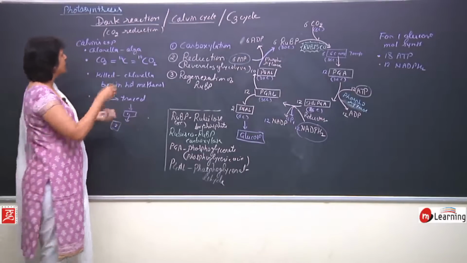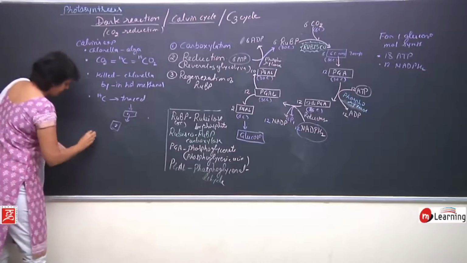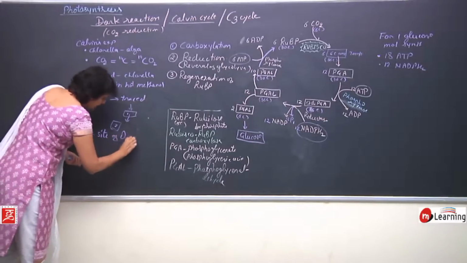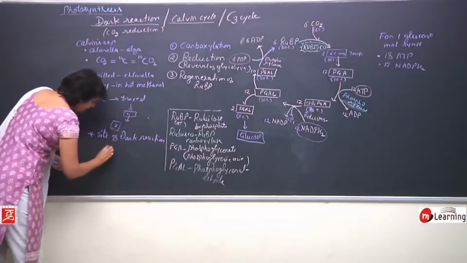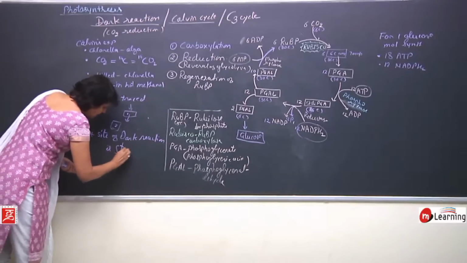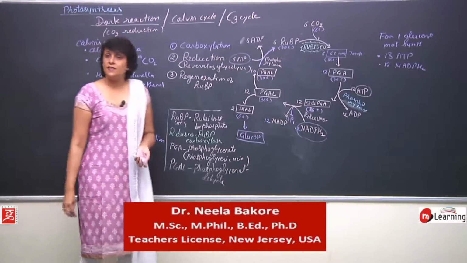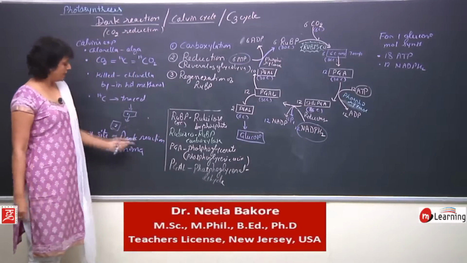The site of this dark reaction is stroma. Light reaction takes place in thylakoids because the pigments are there. So dark reaction in stroma.